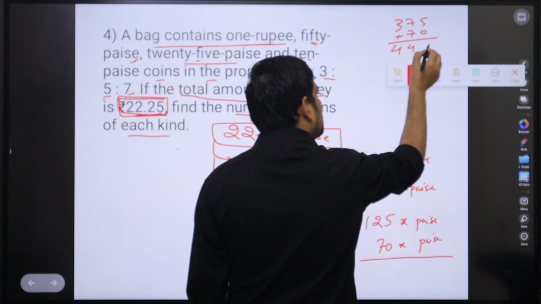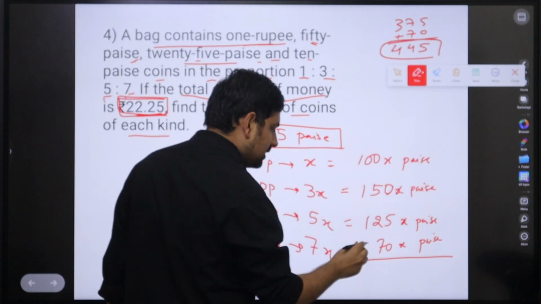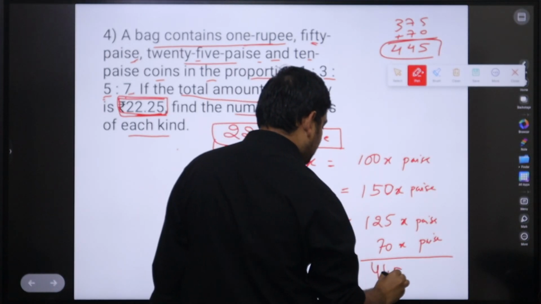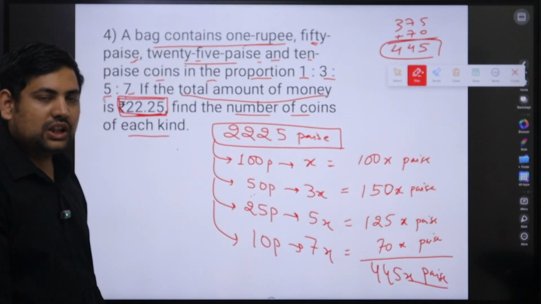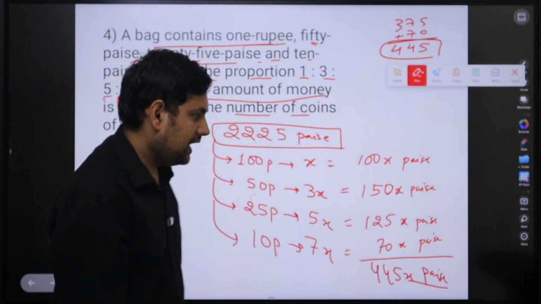So this is actually 445x paise. This is the total amount of money, 445x.